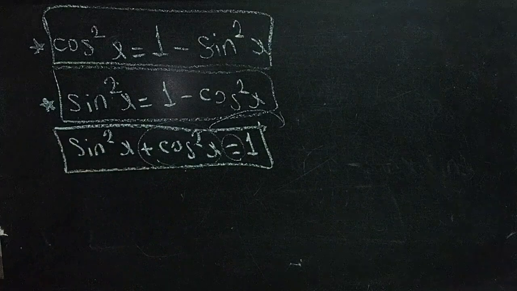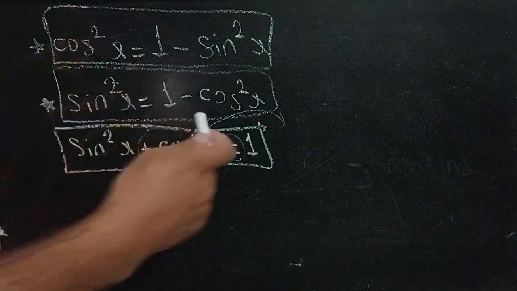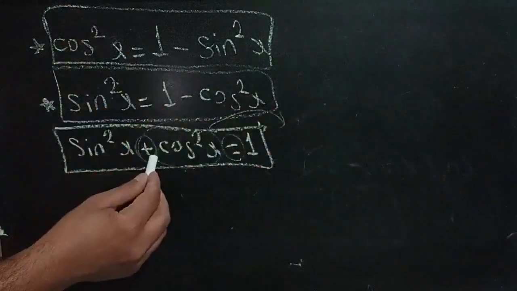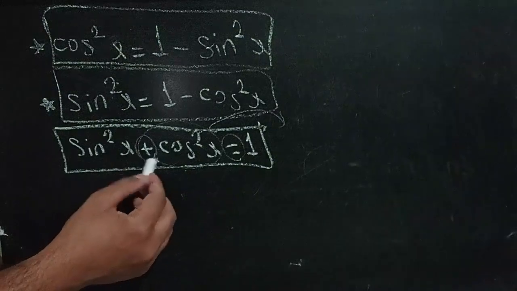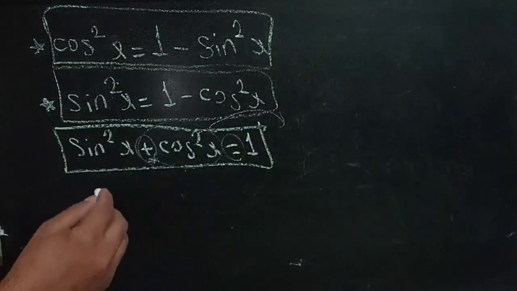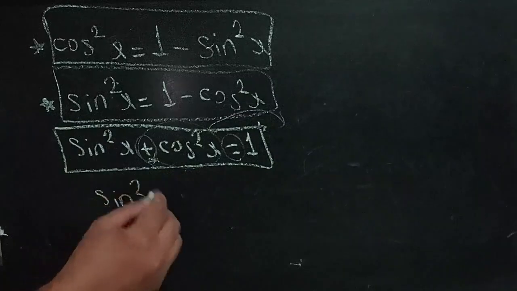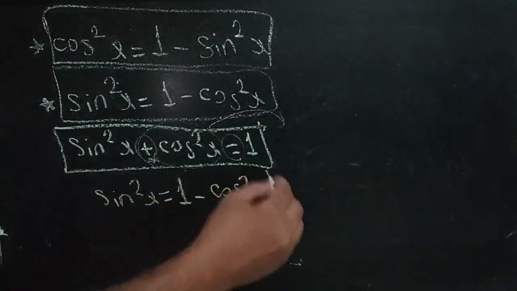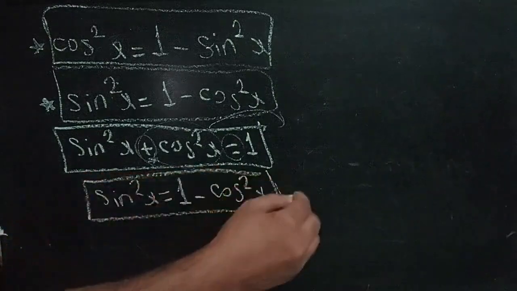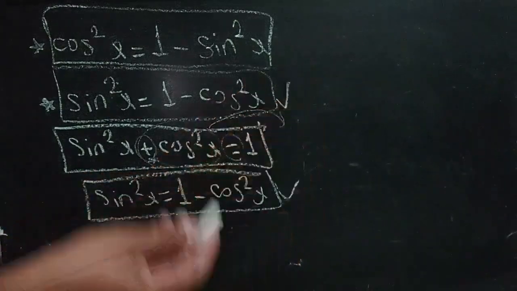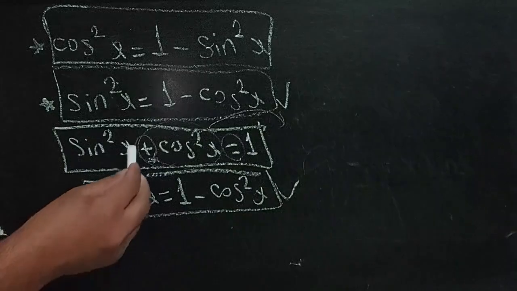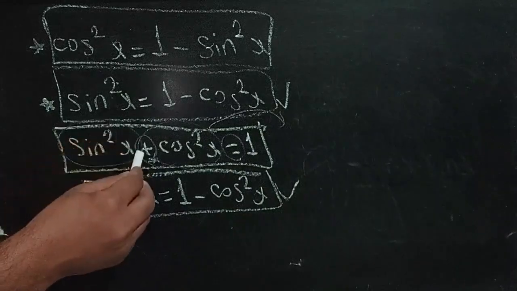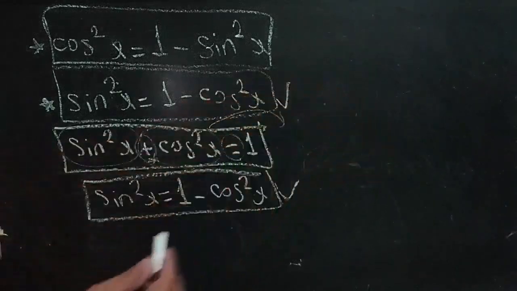When you take this one to other side, it will change this sign, this operation indeed. So that will be sinus x square equals to 1 minus cosinus x square, which is this. And the same thing you are going to do now for sinus x square. Take this one to the other side, will be negative.